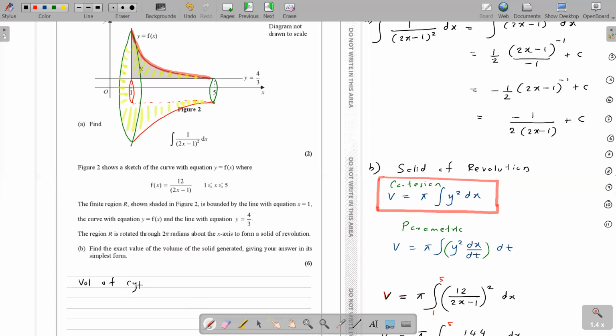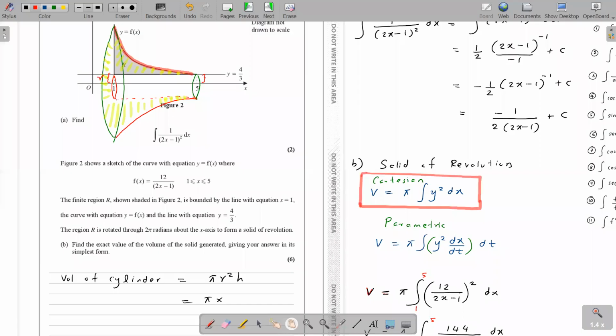Volume of a cylinder is πr²h. Are you with me? What is the radius of this cylinder, by the way? Here the radius is the y value, isn't it? The y value 4/3 is this small distance here. So the radius is 4/3.